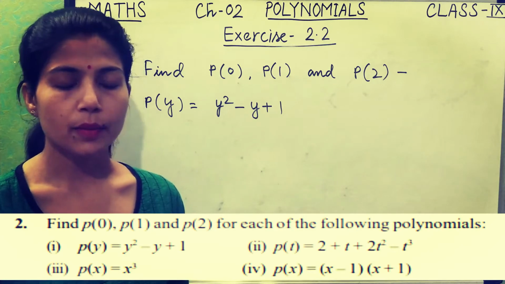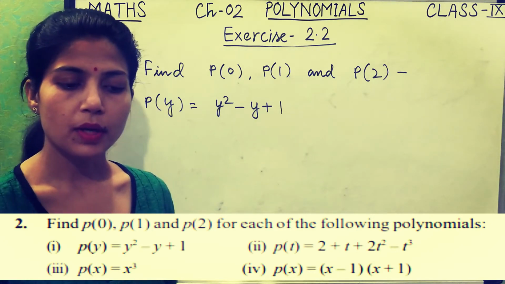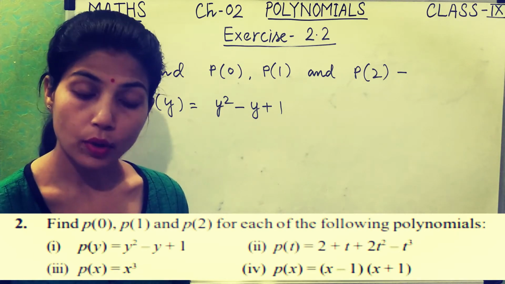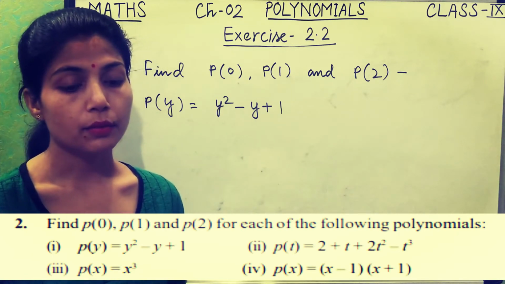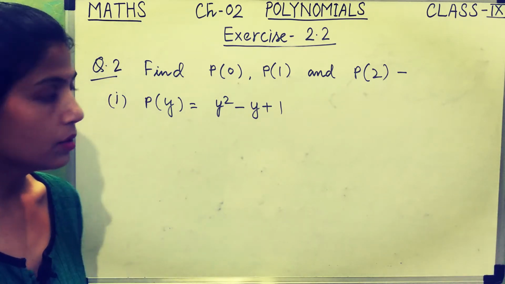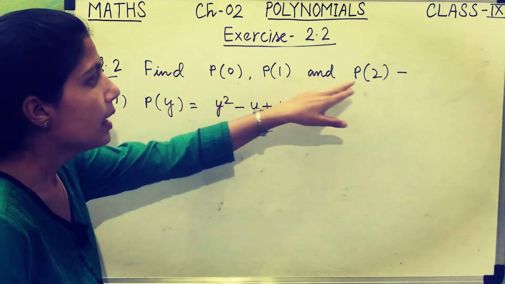Okay, so you have to find the value of the polynomial when the variable is 0, when it is 1, and when it is 2. Okay, so you have to find out P0, P1 and P2.